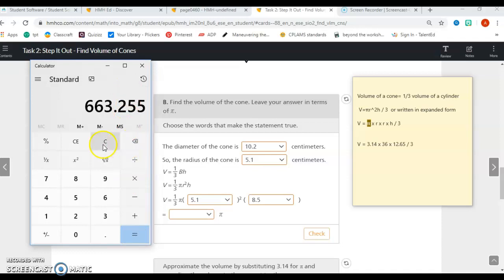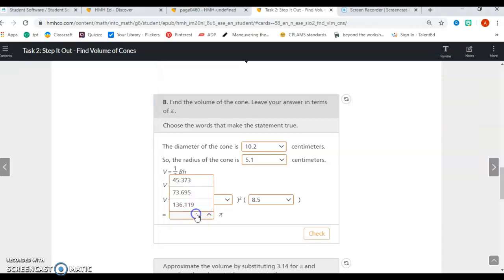Go back. 5.1 squared times 8.5 equals that. Divided by 3 equals 73.695. 73.695 pi, because we are finding the formula of volume in terms of pi.